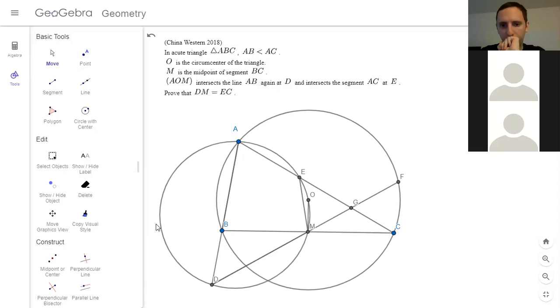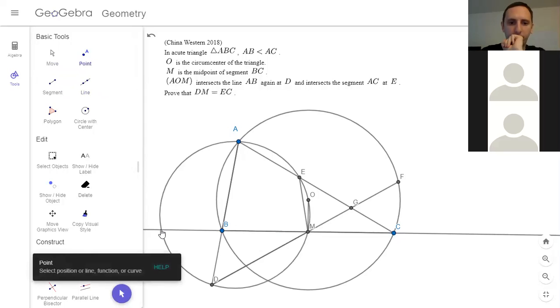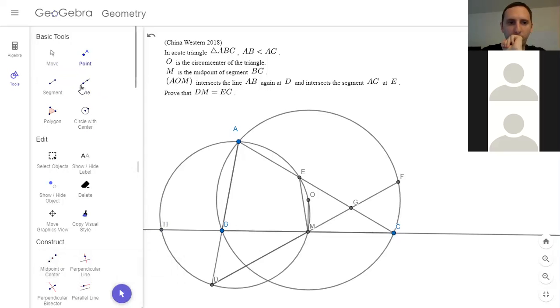Extending BM solves it, I think. BM to the other circle. The other circle, okay. So like this? HA is tangent to ABC. Okay.